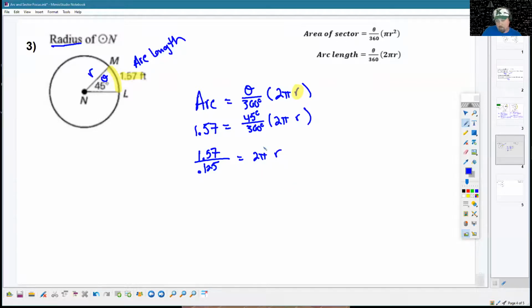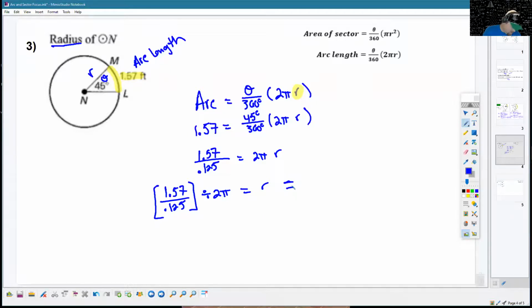And then to get rid of this, what do we have to do? We've got to divide that as well, don't we? So we're going to take this answer, 1.57 over 0.125, and then we're going to divide that by 2 pi when we're all done. That'll tell us what the radius is. So let's go ahead and do that calculation.